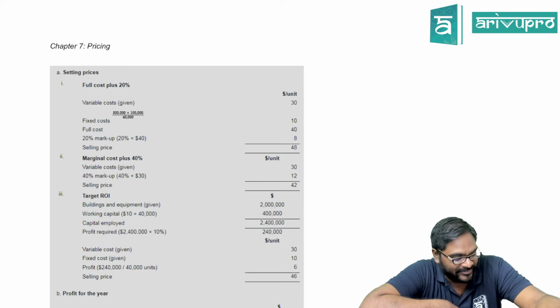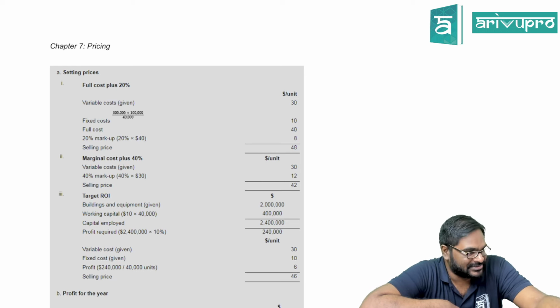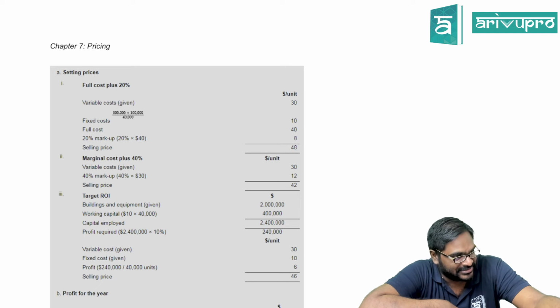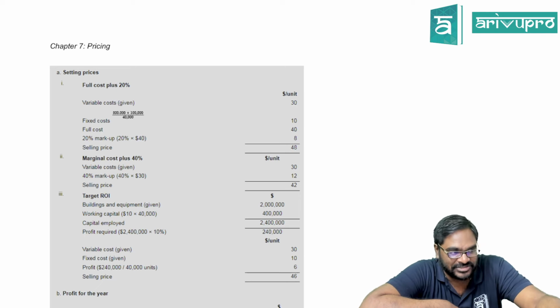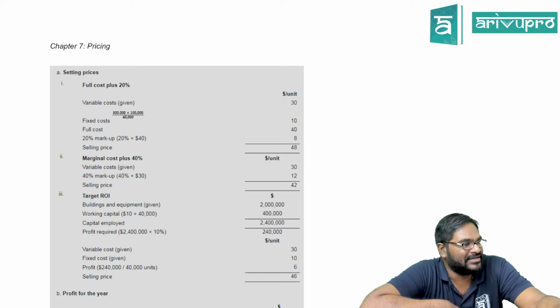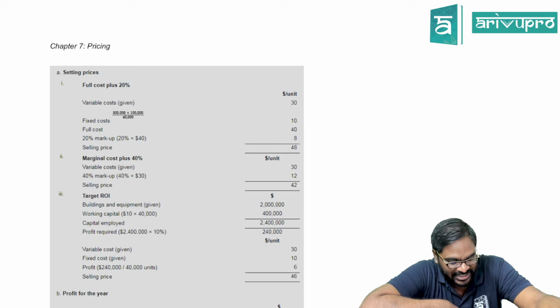And my ROI I am expecting 10%. That means 2.4 million into 10% would be my total profit. So that is 240,000. But that is for 40,000 units. So if I divide it by 40,000, I can get the unit profit I am expecting. So that would be 6. Already I know my full cost. That is 40. So 40 plus 6 would be 46 per unit. Are we good?